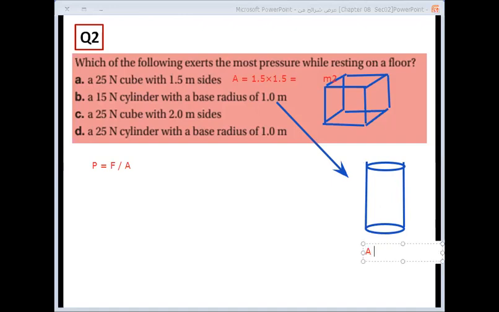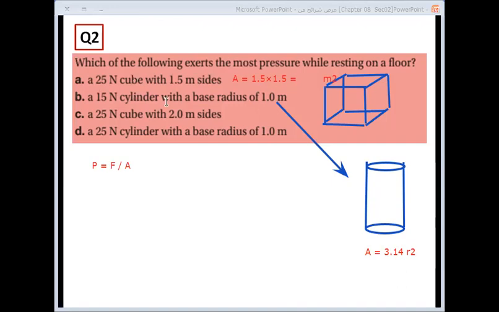Area equals pi, which is 3.14, times r, which is the radius, squared. Is it clear? Then we will apply the formula P equals F divided by A.